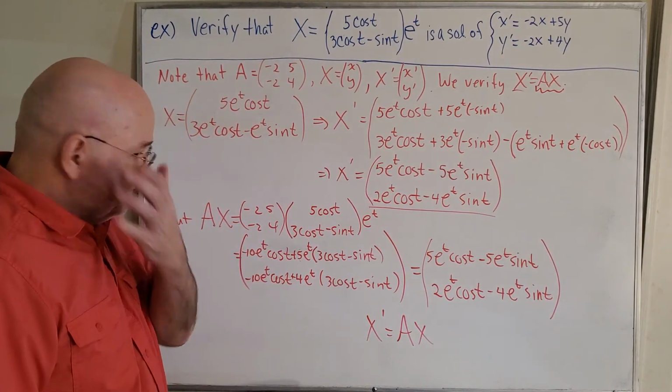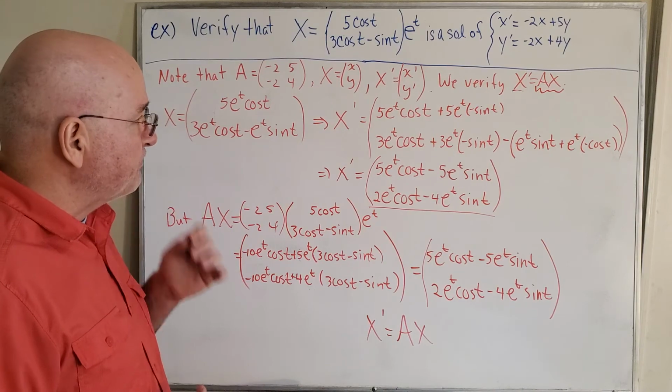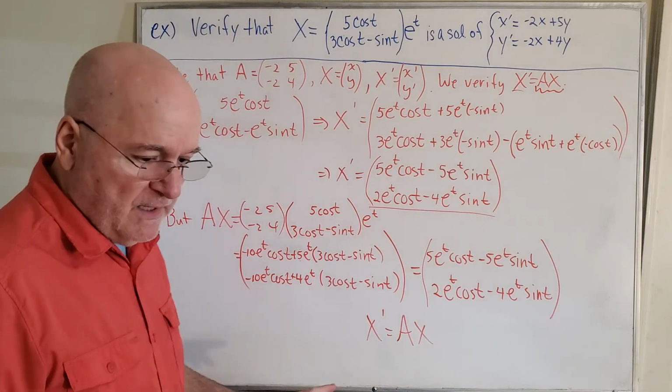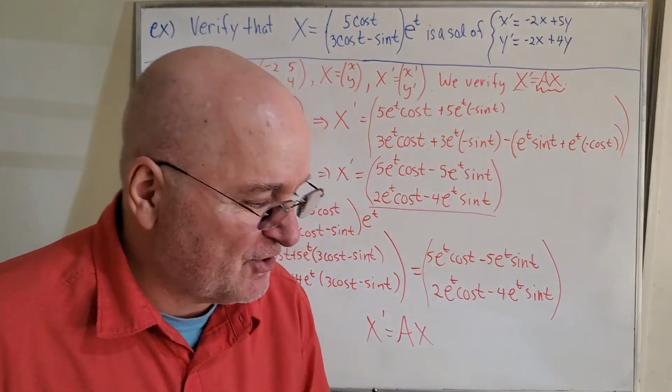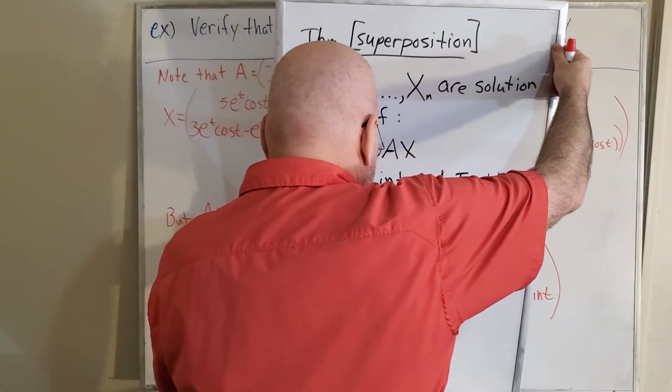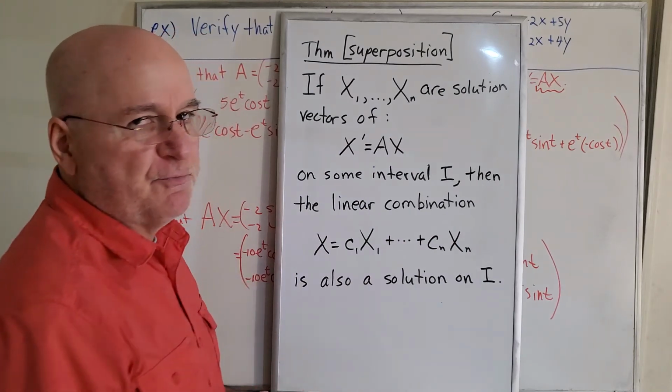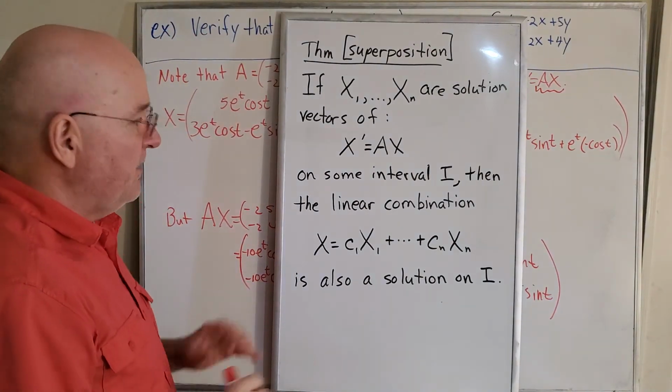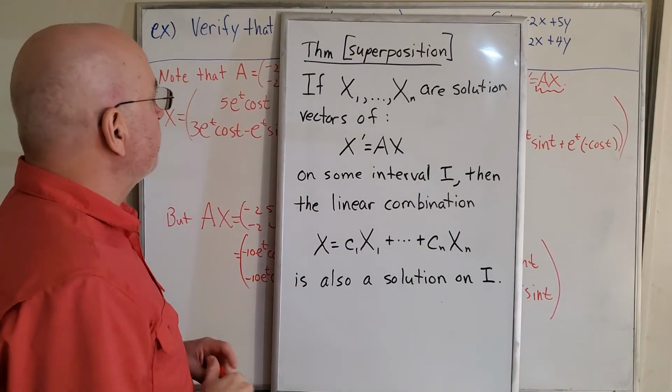Now I have just one quick theorem to show you that is very similar to one we've seen before when we were talking about individual differential equations. It was called the superposition principle. It also holds for systems of equations.